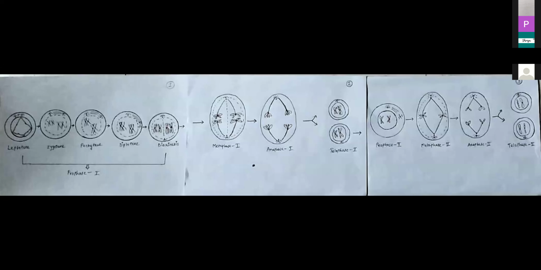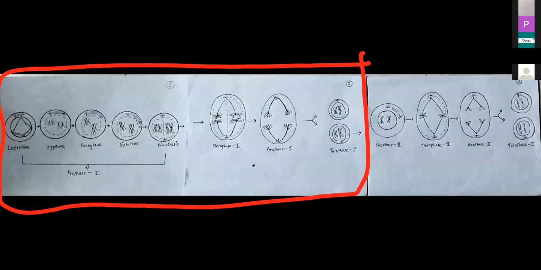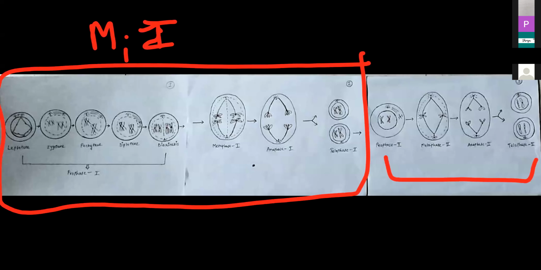See, here you can make out with this meiosis 1 got over. Now would be meiosis 2, in that only one cell meiosis is shown.